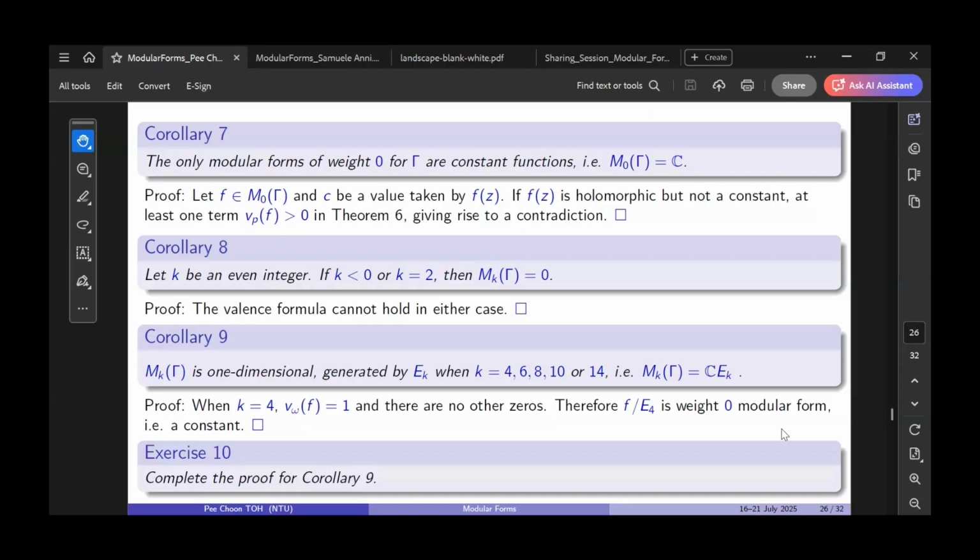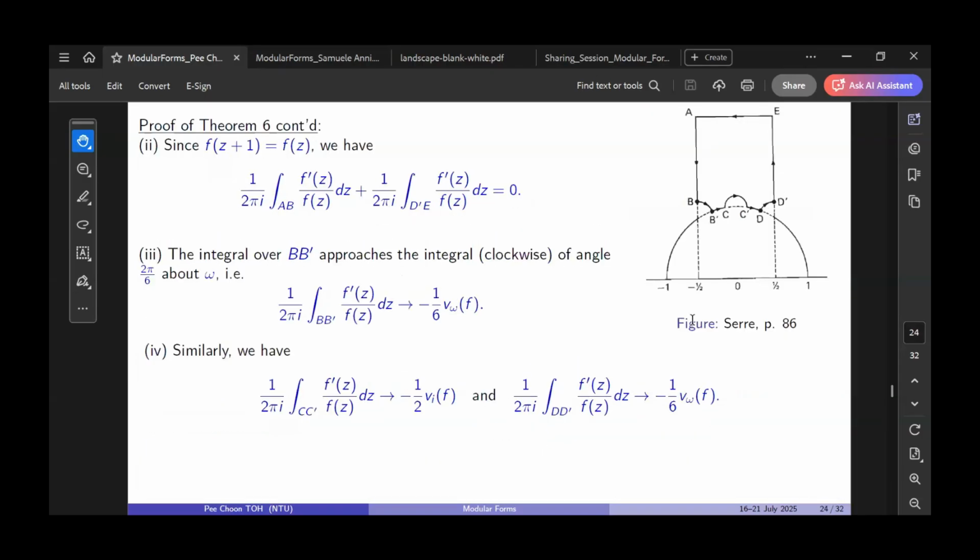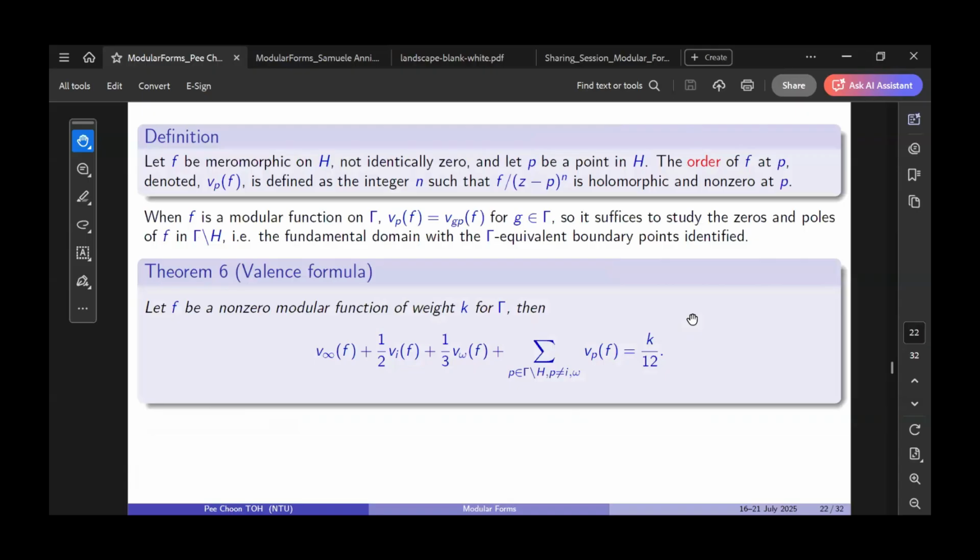So using the following formula, if it is not constant, then this will have a positive value. And all of these other orders are at least zero.